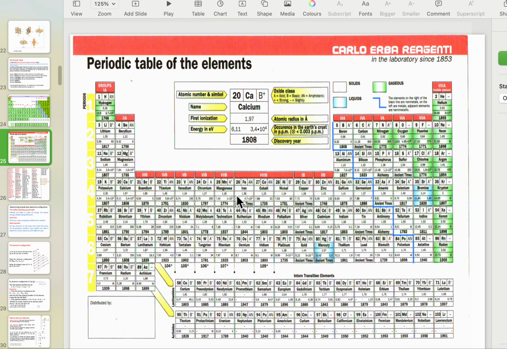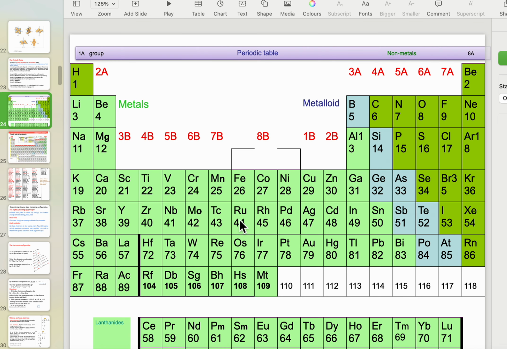You can find a lot of information in the periodic table, put together in specific colors, with more information written about each element. The numbers we see here are the atomic numbers.